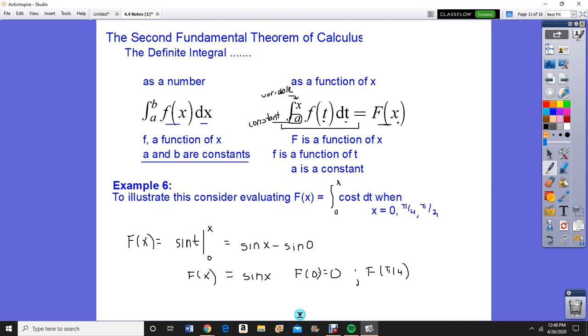So we know that sine at 0 is 0, which should make sense, because if this integral went from 0 to 0, that value should be 0. The sine function at pi over 4 is the square root of 2 over 2. And then lastly, the sine function, when we evaluate it at pi over 2, should give us back the value of 1.